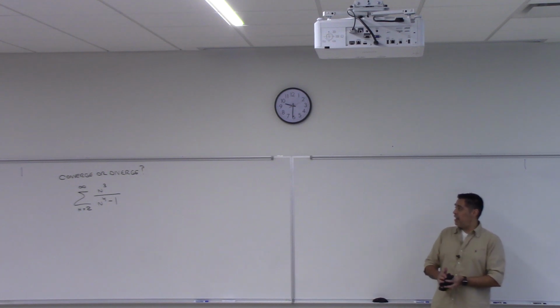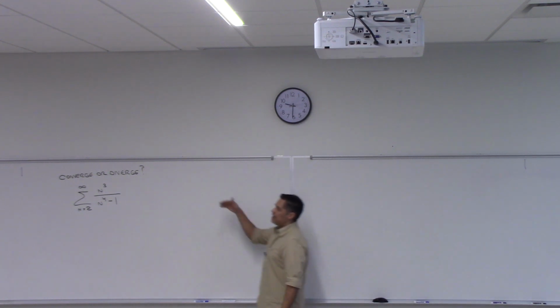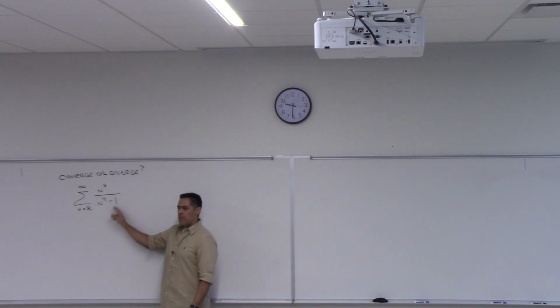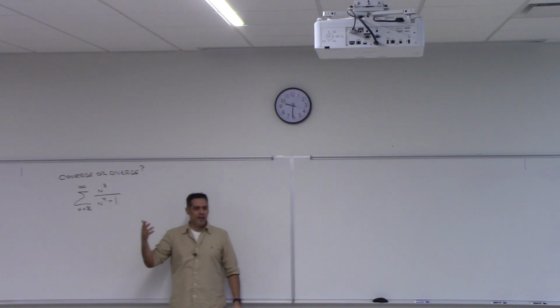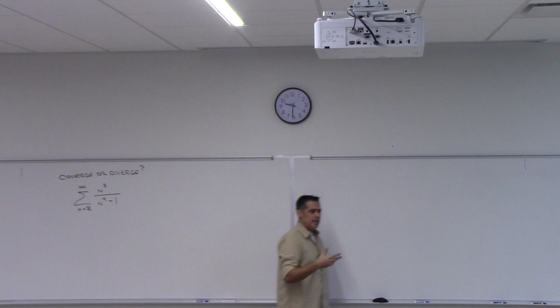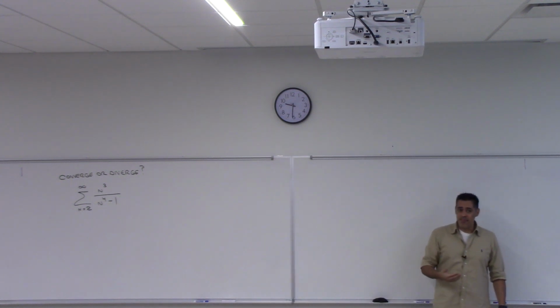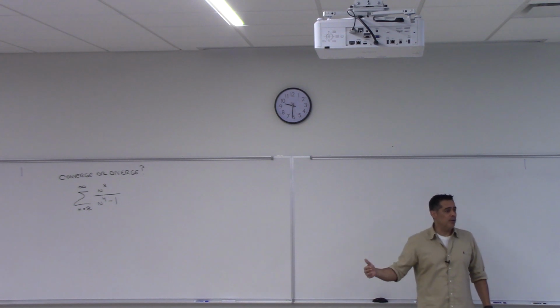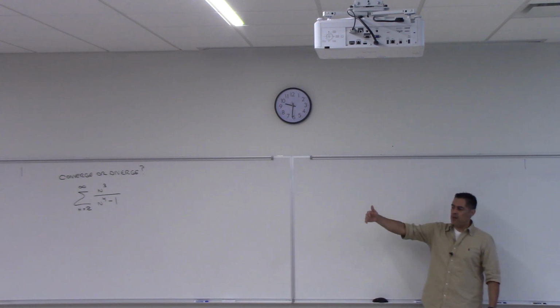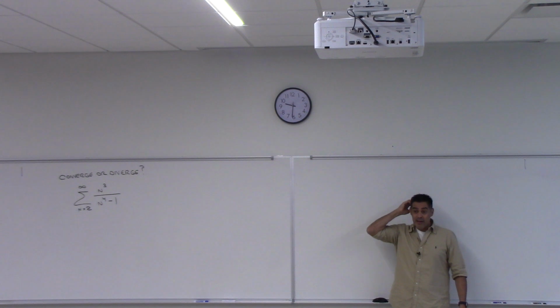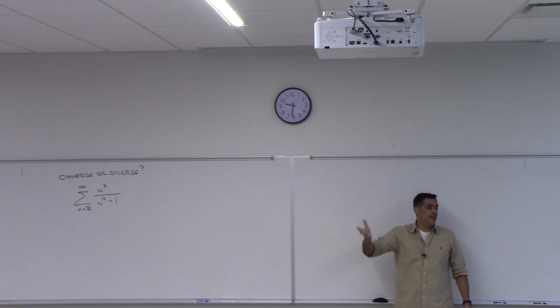I could integrate that because if I imagine it's like x cubed over x to the 4th minus 1, I could see a u-sub going there. Do I want to do the integral test? Not really, but I could go down that road. When you get to your final exam, different students are going to do different things.